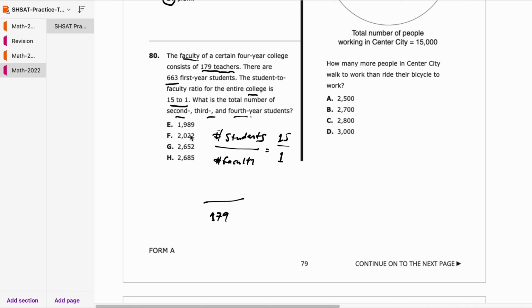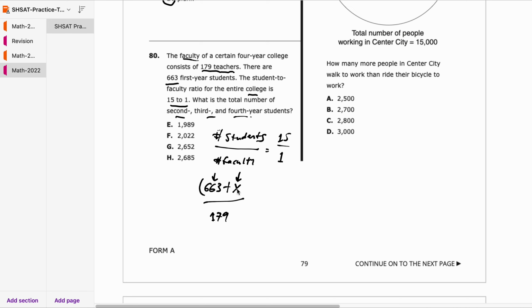And then we know that the total number of first year students is 663. And then let's say that X represents the number of second, third, and fourth year students. So we know that the number of first year students plus the number of second, third, and fourth year students is going to be the total number of students.